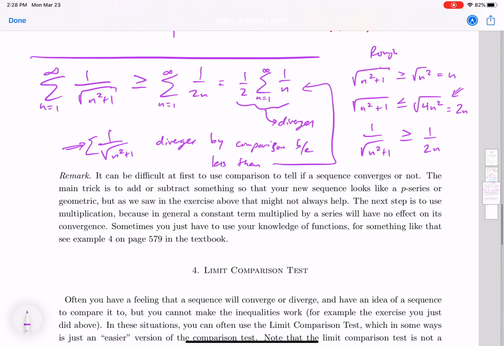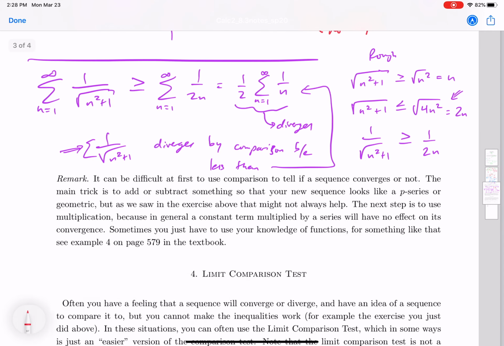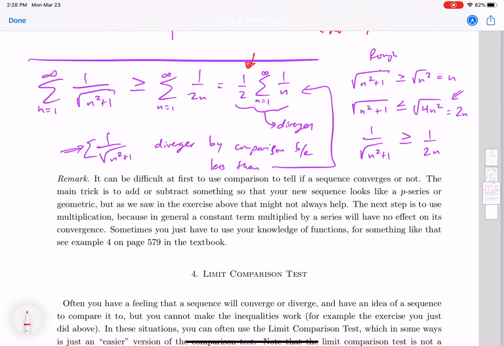And I put in this remark here that it can be difficult at first to use comparison to tell if a series converges or not. And the thing is, you often want to add or subtract something from your numerator or denominator to make the comparison work. But sometimes that doesn't help. And then the next step is often to use multiplication. Because when you use multiplication like I did up here, I end up getting this 1/2 out in front, but multiplying by a constant doesn't matter.